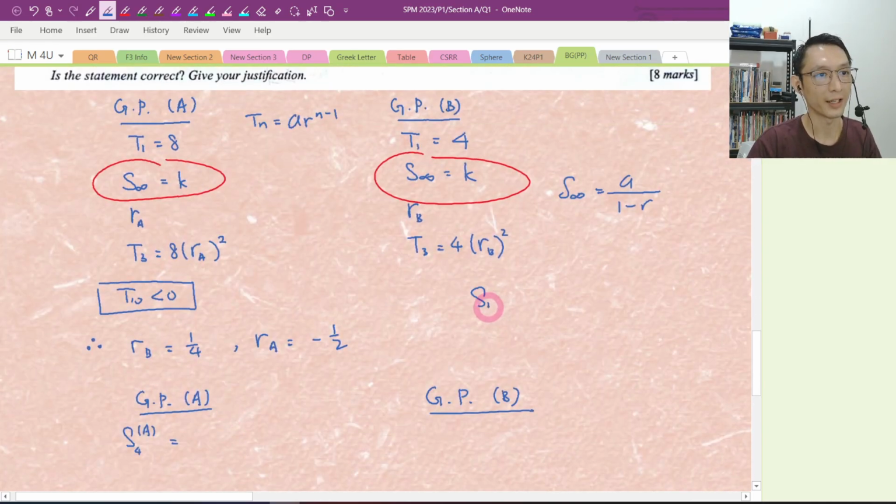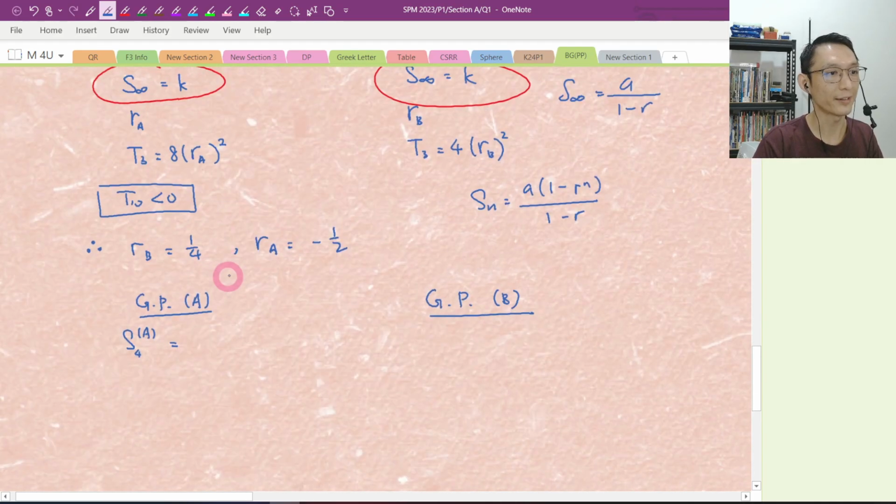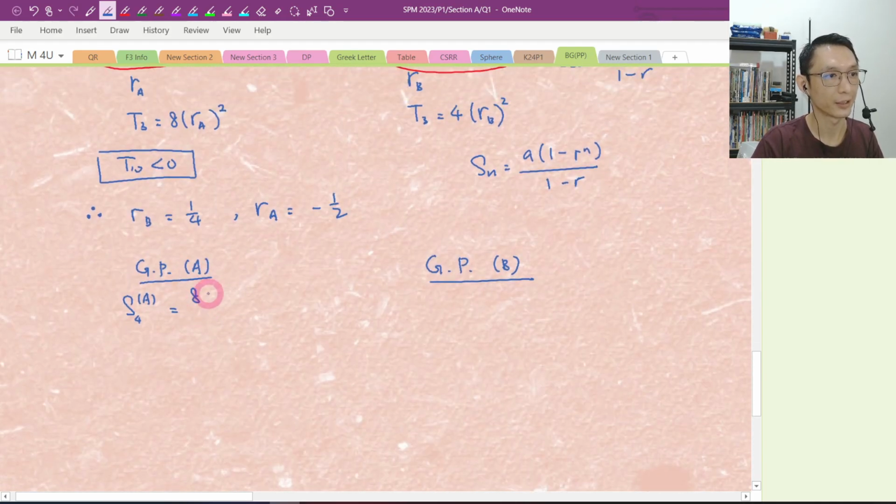What is the formula? Sn equals A times 1 minus r to the n over 1 minus r, right? So A is equal to 8, 1 minus r.